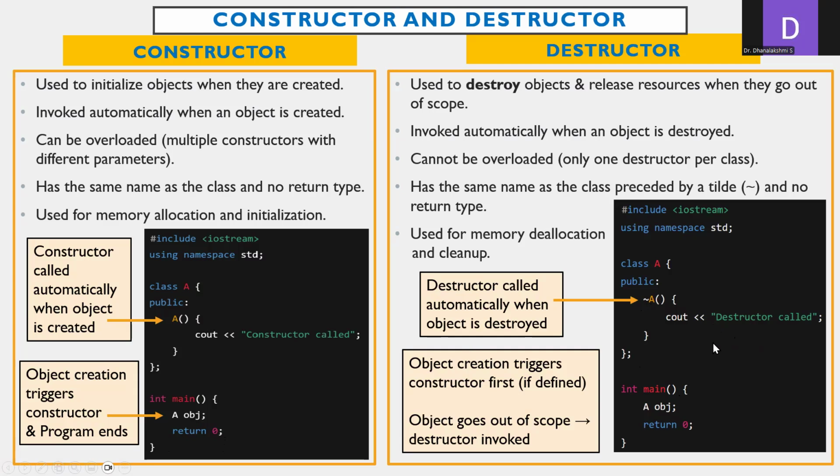So without us calling anything manually, both the constructor and the destructor handle the object's creation and destruction automatically. The constructor is called when an object is created and the destructor is called when an object is destroyed. Together they define the start and the end of the object's life in memory.